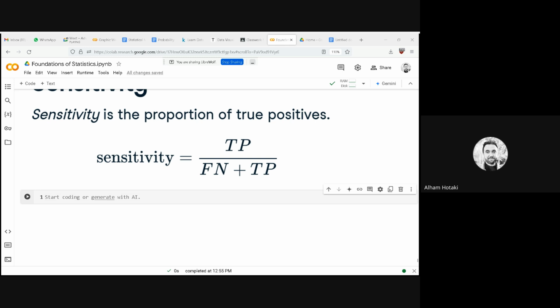So now this is the true positive, and the sensitivity of our model will actually be TP divided by false negative plus TP, and we will check that sensitivity.